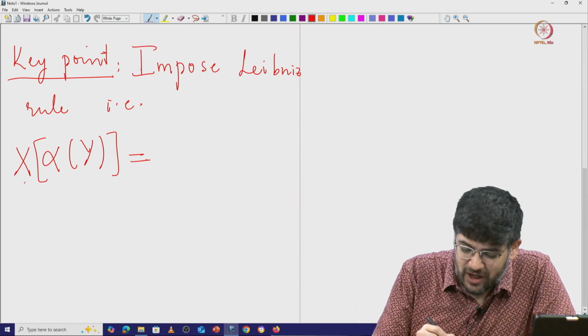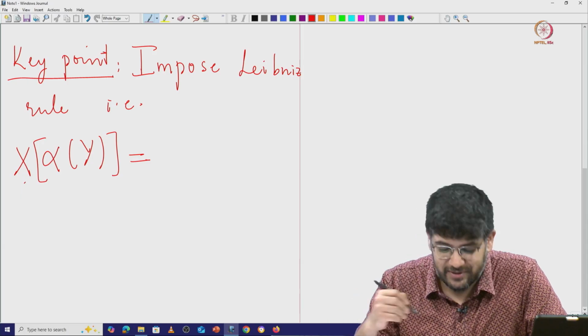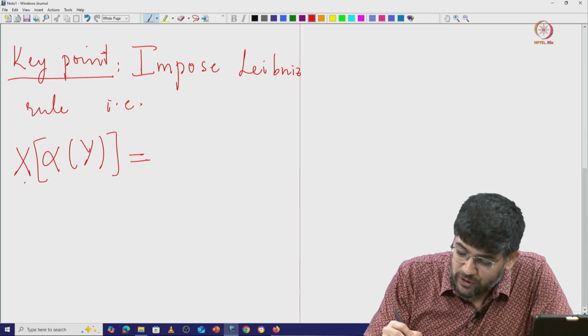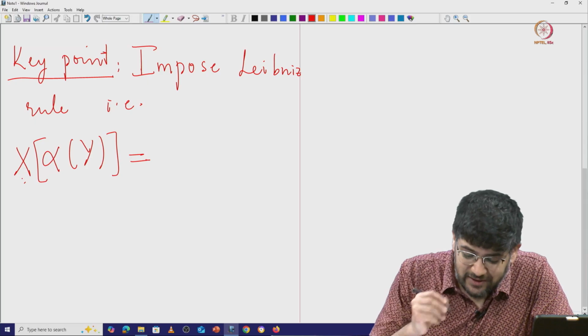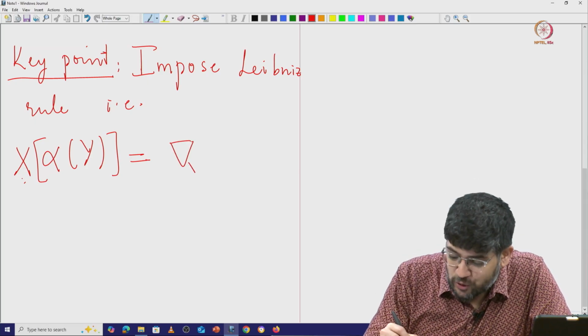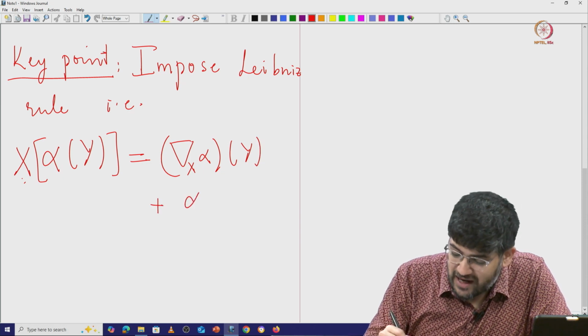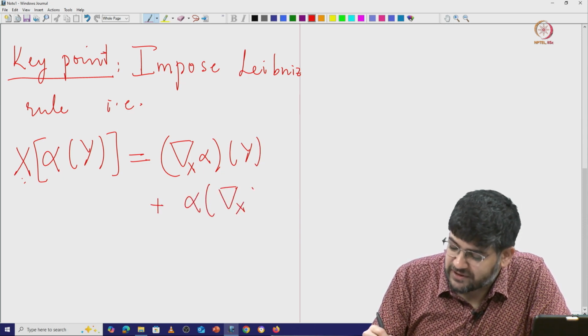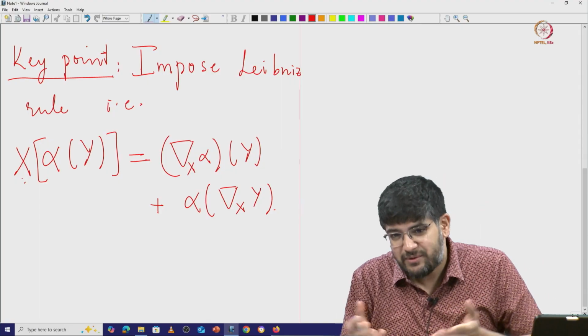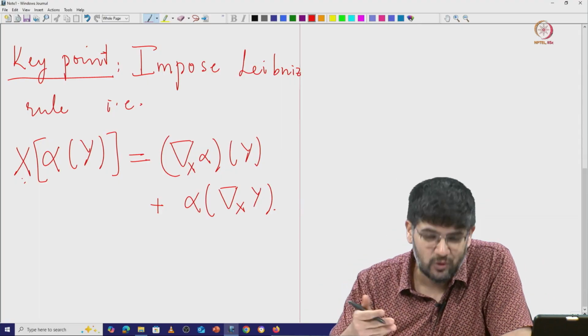When you apply X to alpha acting on Y, that would be the derivative of alpha with respect to X acting on Y, plus alpha acting on the derivative of Y with respect to X. Any reasonable Leibniz rule would look like this.